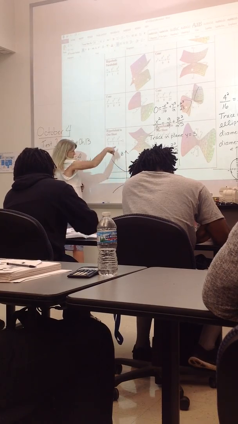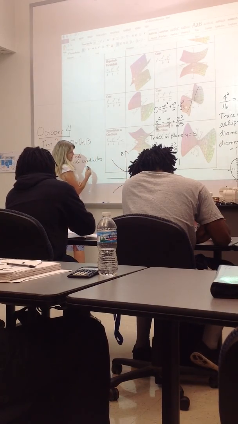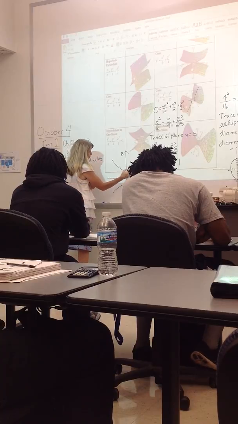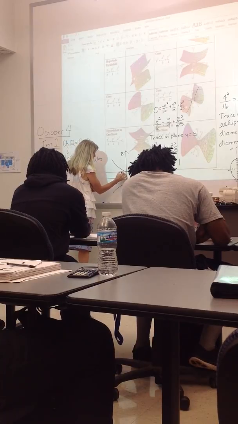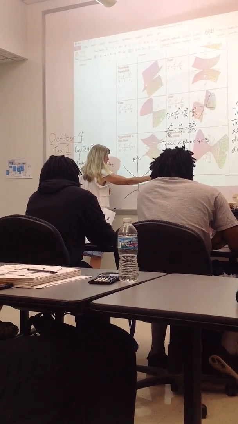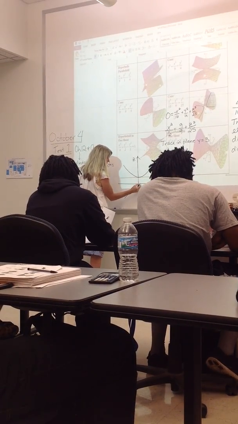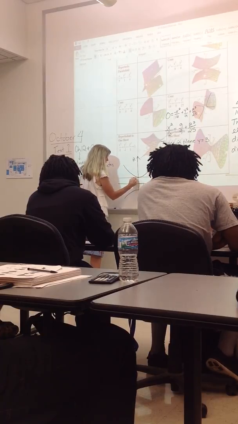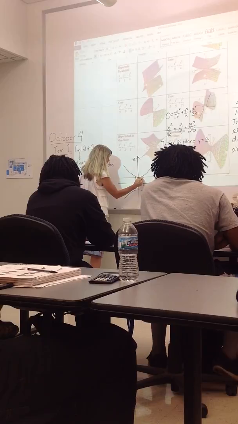If I make this the z-axis and that the x-axis, then there's a box that you can draw in between these two pieces, and the 16 tells me that one side of the box stops at 4, and the 25 tells me that the other side of the box stops at 5.